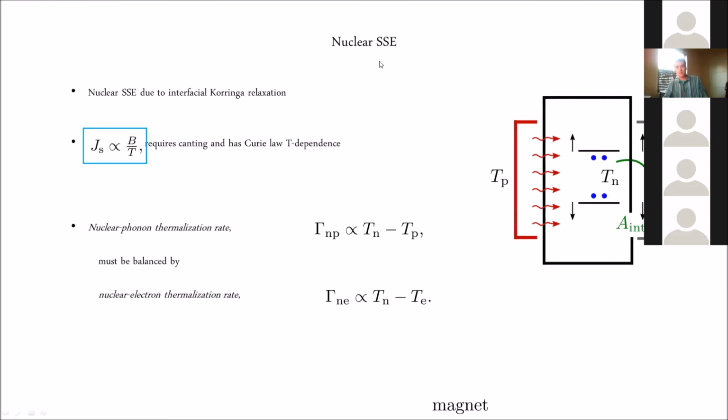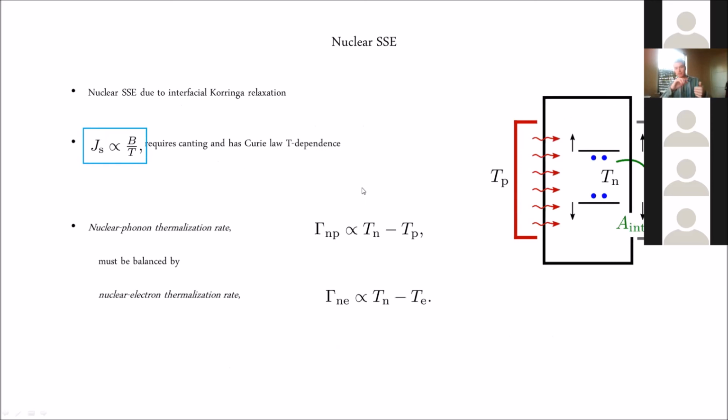So the nuclear spin-Seebeck effect, the spin current, requires a canting of the antiferromagnetic order, because basically the nuclear spins' orientation, the polarization, is determined by the underlying magnetic order in the magnet.